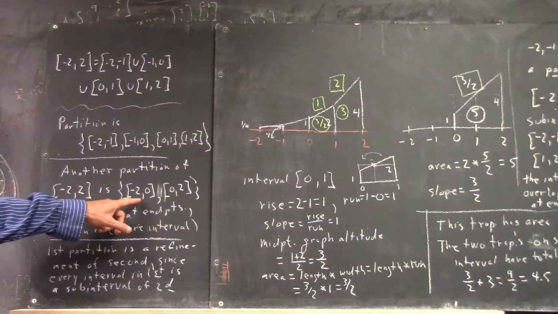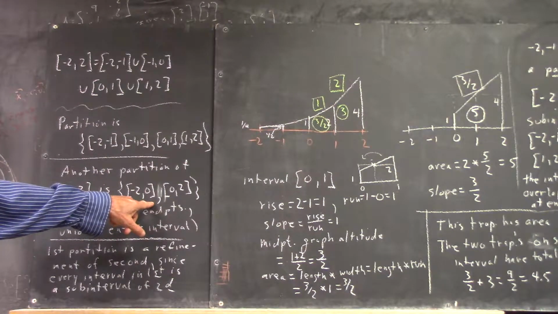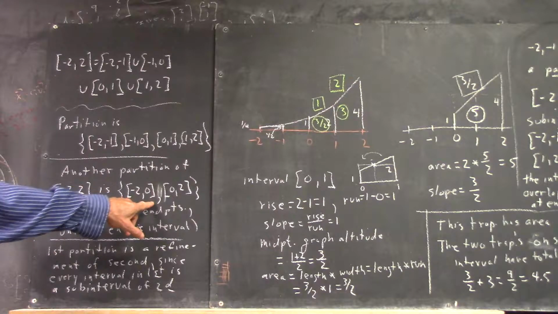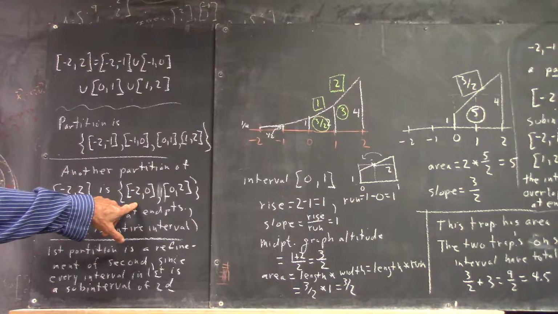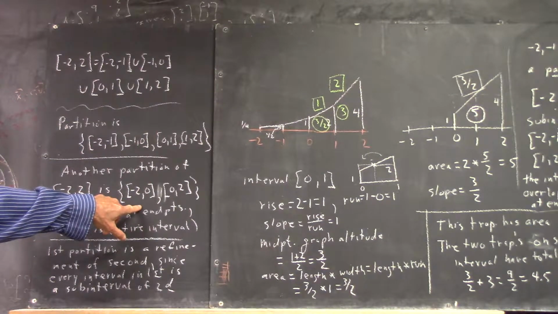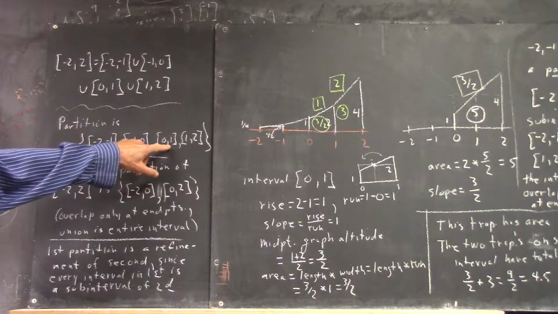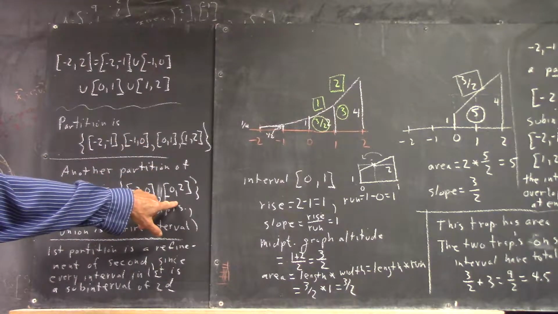Okay, well, let's take the interval -2, 0, right? Would you say this is a subinterval of this interval? Yeah. Would you say this is a subinterval of this interval? Is it a subinterval of this one?